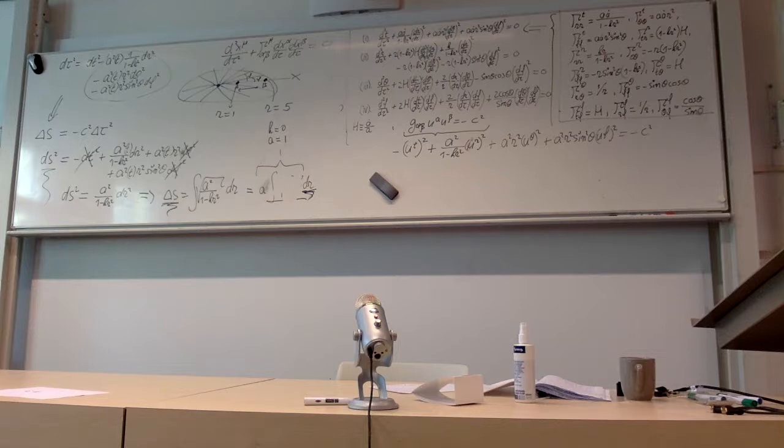The further something away is from me, the more space there is between us to expand, so the bigger the difference is in physical space. So why is it not an issue that my ruler also increases as the universe expands? Because my ruler is close to me and doesn't expand as much as the thing that I'm looking at. This is why you can tell that space really is expanding.